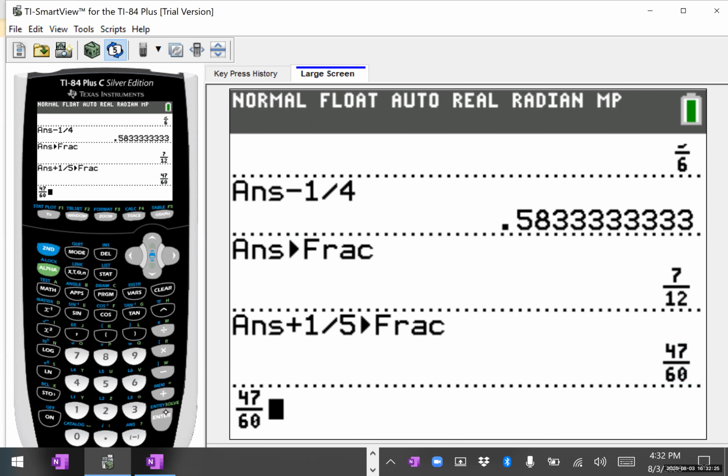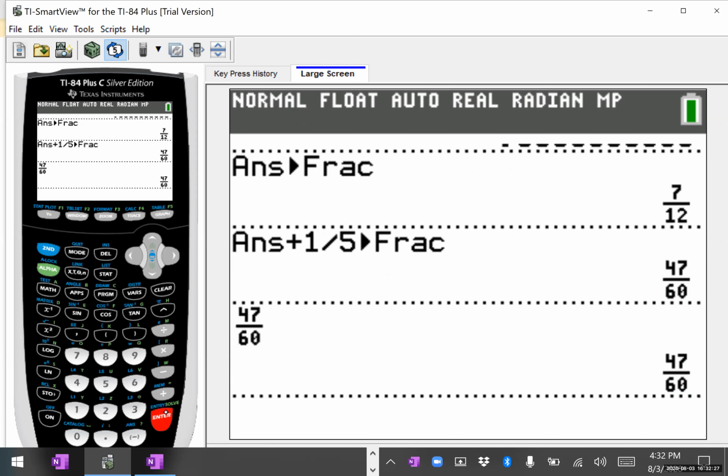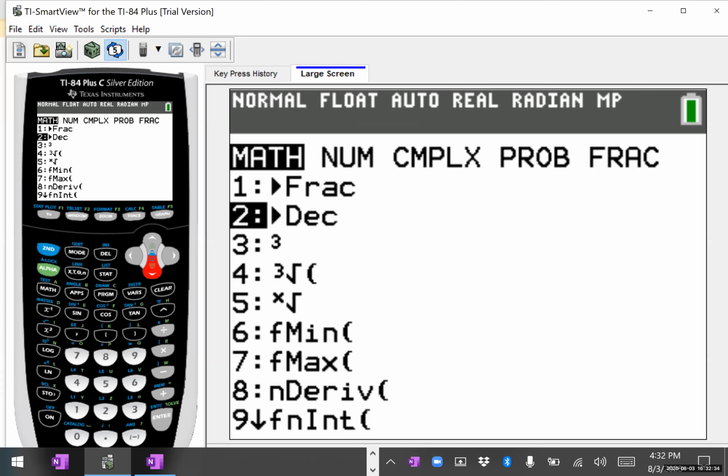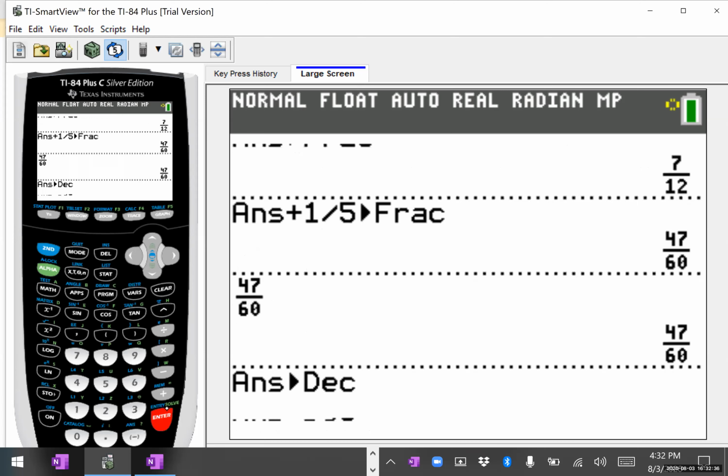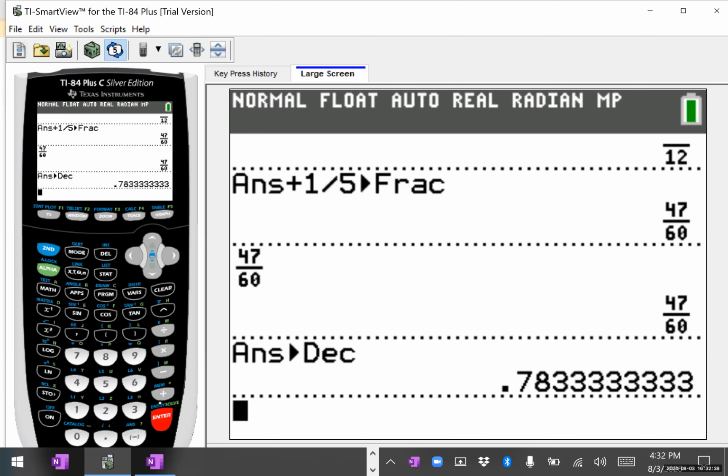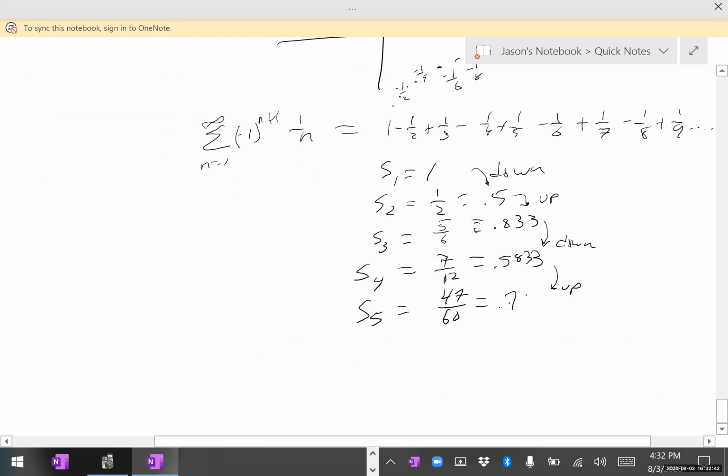Okay, I'm going to hit enter on that one. Let's go to the math key and then go to decimal. And then we're going to say, boom, 0.78333 forever. 0.7833, right? So we're honing in on something, right?